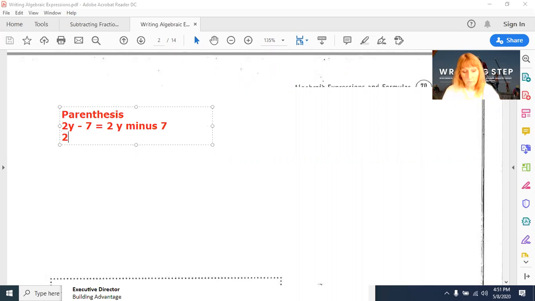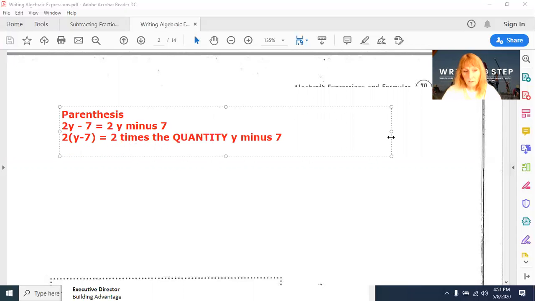That's different from 2 times the quantity y minus 7. The thing that's in the parentheses is called a quantity. So don't get that mixed up. That's solving a whole different way. That's saying 2 times whatever that quantity is.